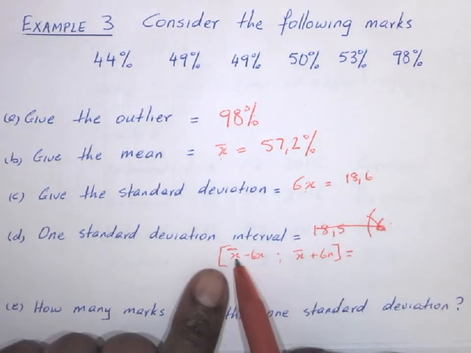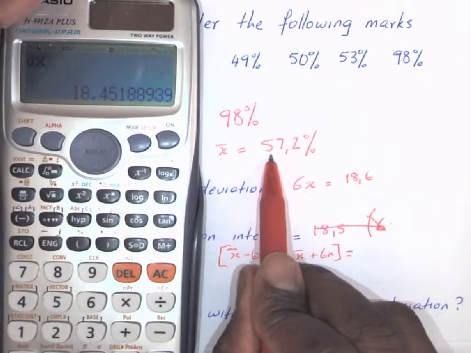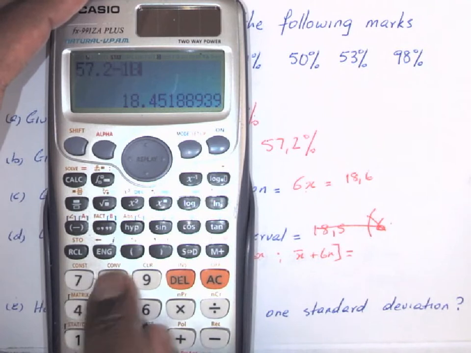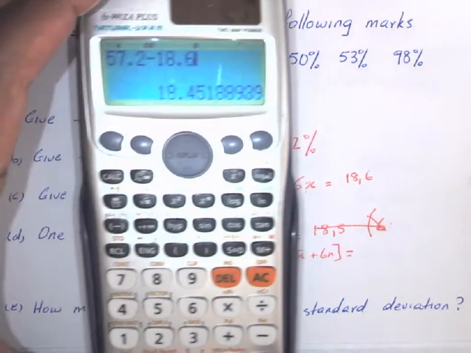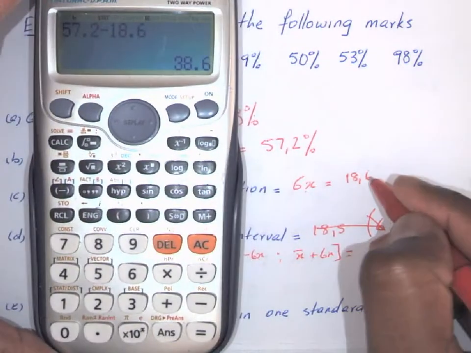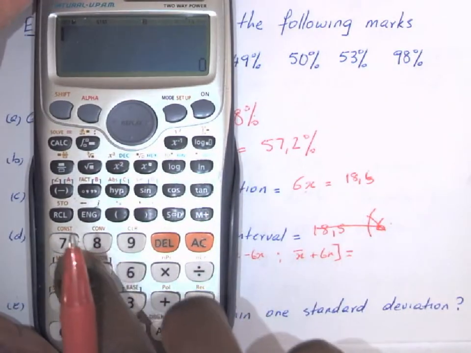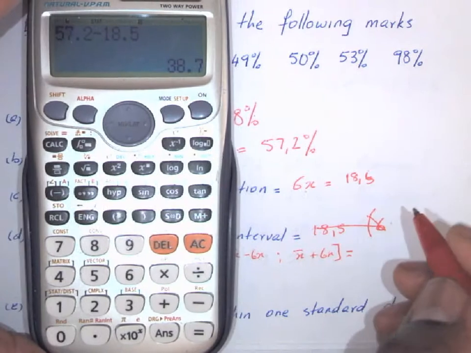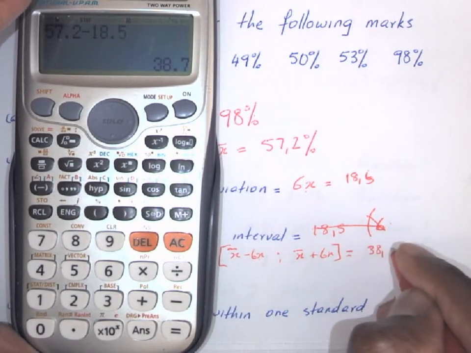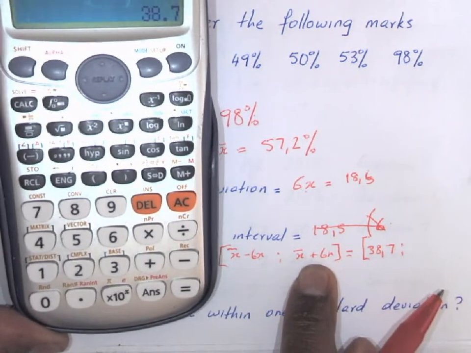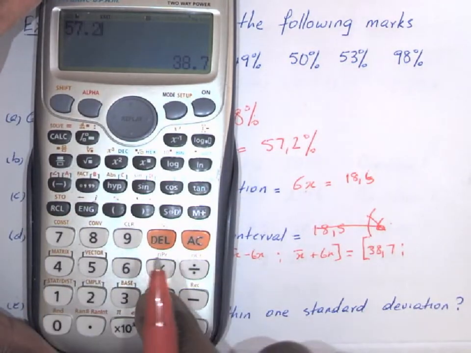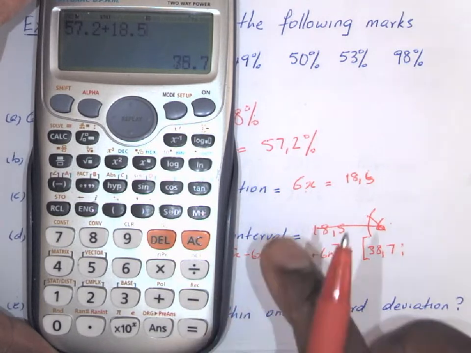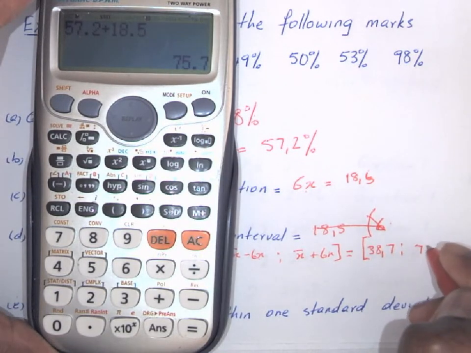So 57,2 minus 18,5 gives 38,7, and then I add them: 57,2 plus 18,5 gives 75,7.